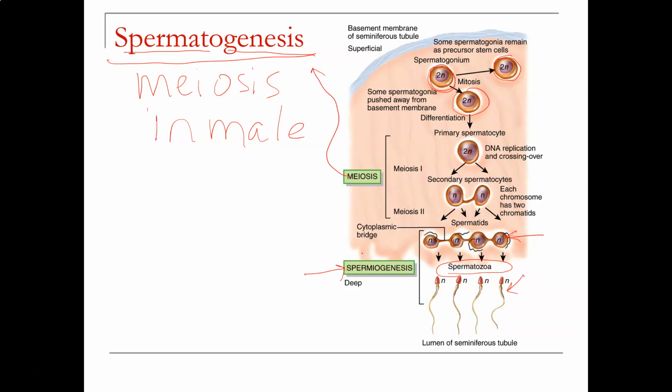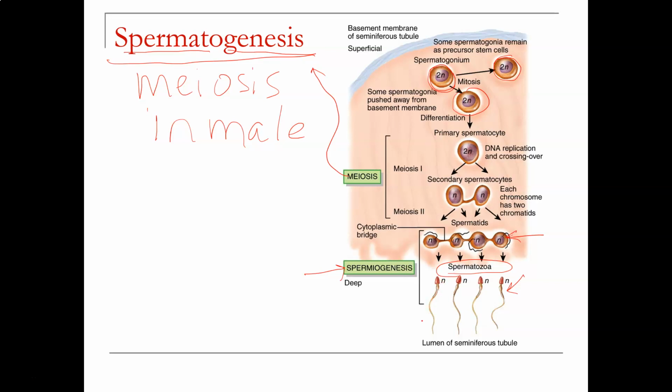Well, sounds like spermatogenesis, doesn't it? It's confusing. Spermiogenesis has nothing to do with chromosomes. The meiosis is done. The cells are already haploid. Spermiogenesis is more about morphological changes in the cell. It's going to change shape.